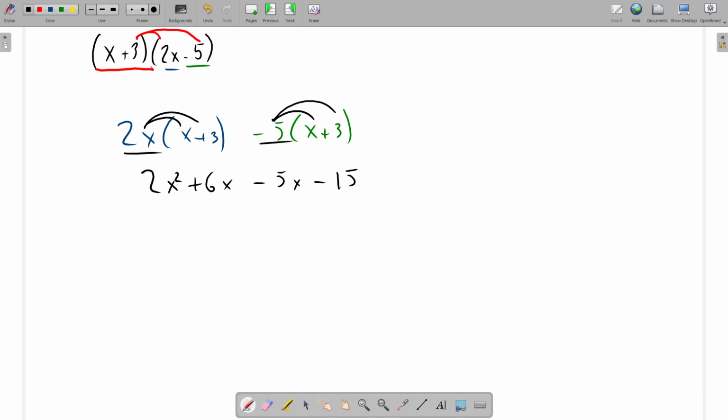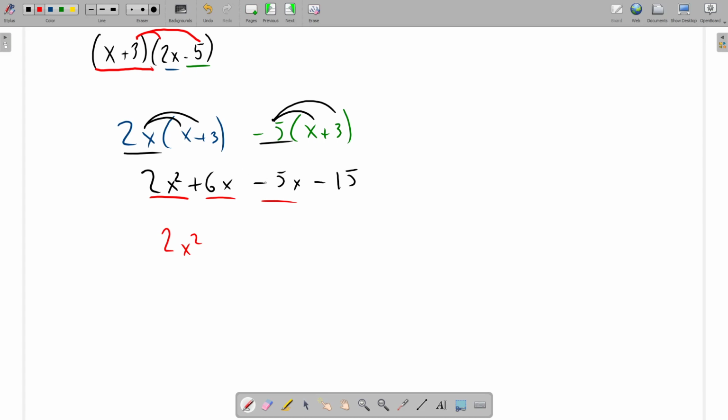And the way we simplify answers when we're multiplying polynomials is by combining like terms. So I'm going to look through this entire problem and look for things that are similar, specifically the degree of each of the terms. So I have a single 2x squared. I don't have any other x squareds. I have a positive 6x and a negative 5x.